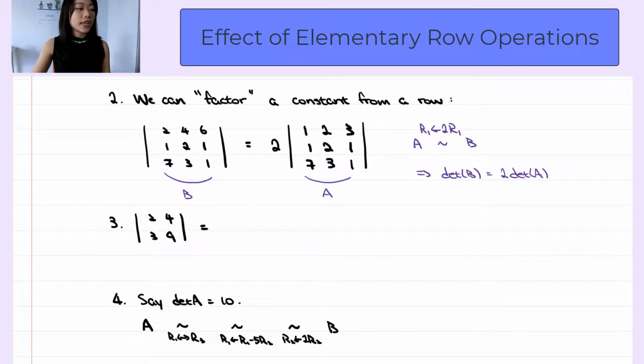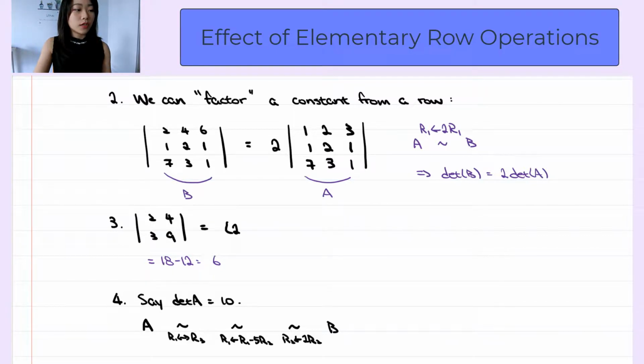Now let's look at the third example. Here the first row is a multiple of 2, and the second row is a multiple of 3. If we don't factor out the constants, we can find the determinant is 18 minus 12, which is 6. But we can also factor out the 2 and 3 from the rows.